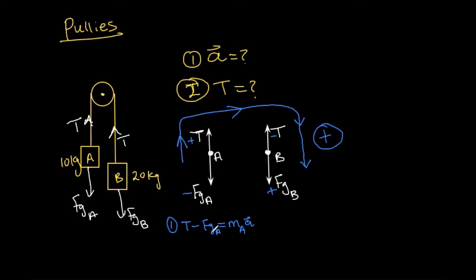That's equation number 1. Equation number 2 would be for body B, or mass B: your negative tension, plus your gravitational force for B, and that equals mass B times the acceleration of the system.